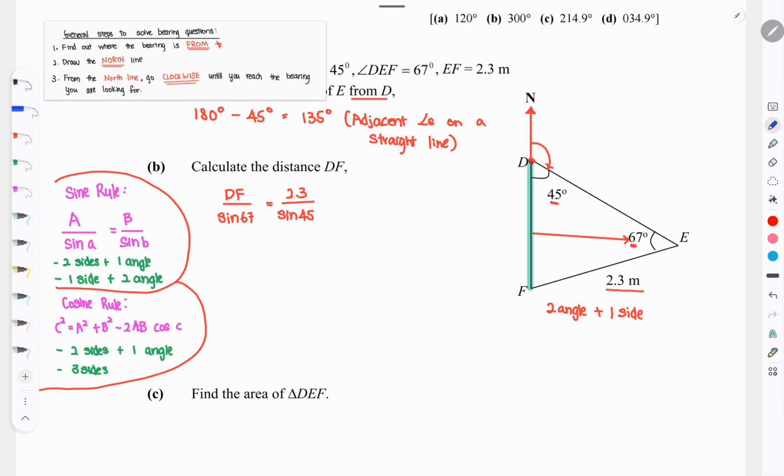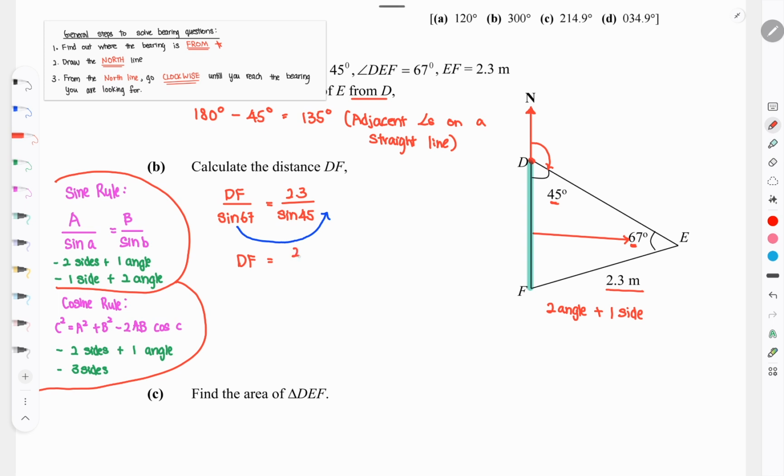Now since my unknown is already at the top, I just have to do one step, which is bring my denominator to the other side. For those who are not fast enough, you can just multiply both sides by sine 67. If not, I will just bring it over.